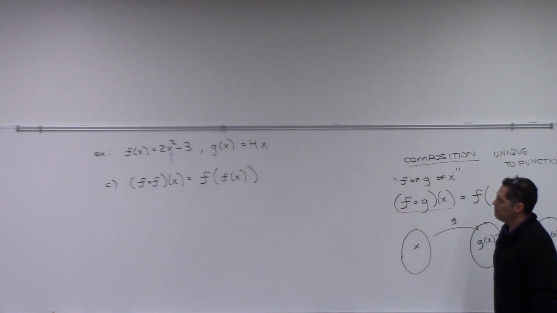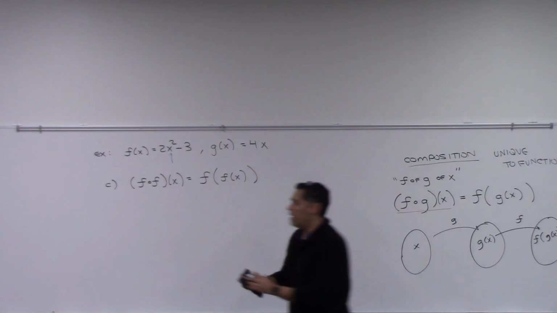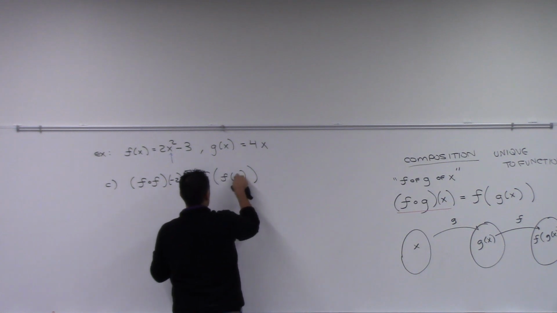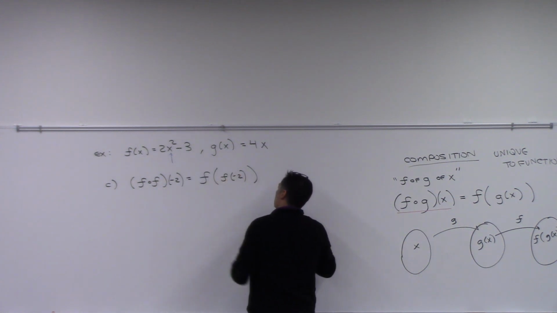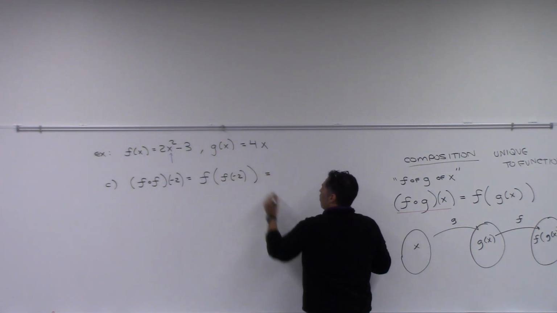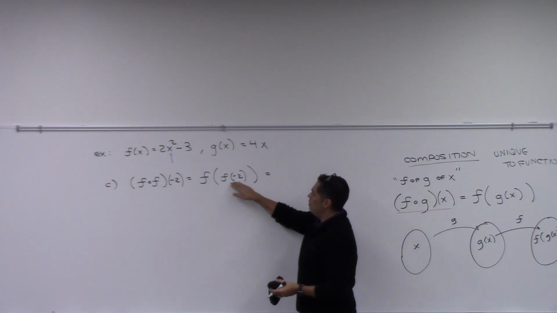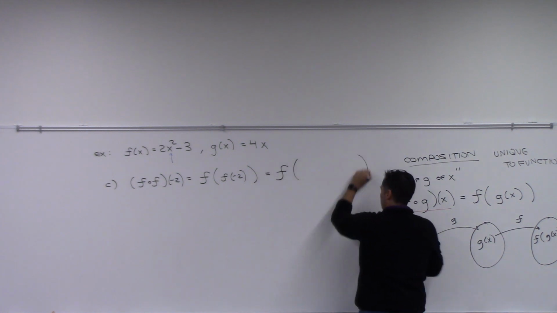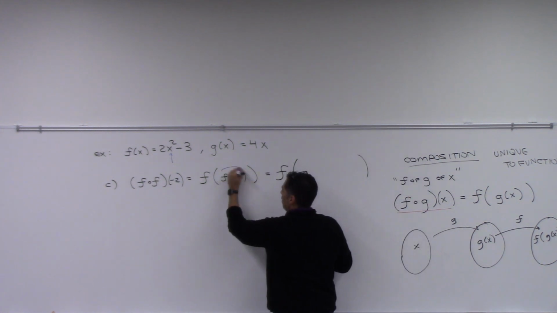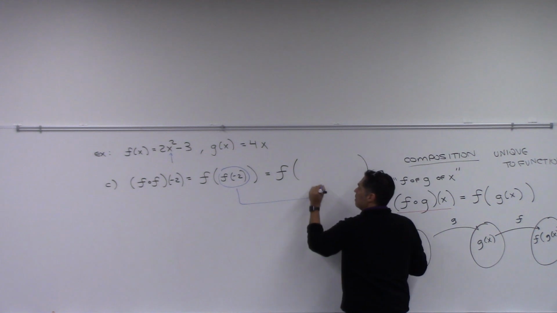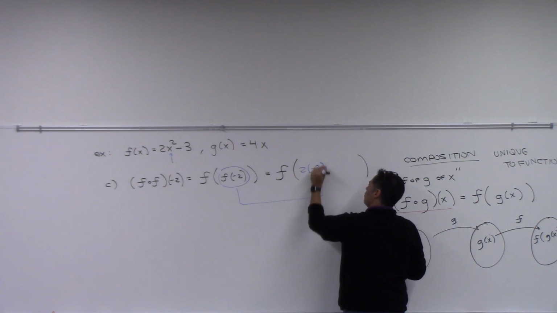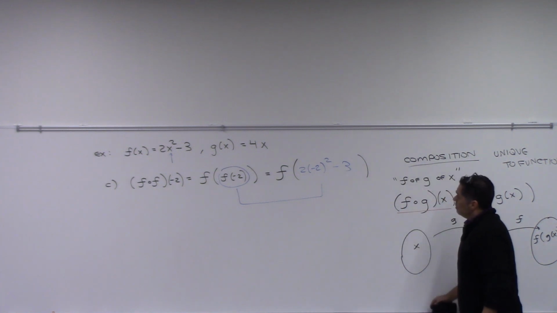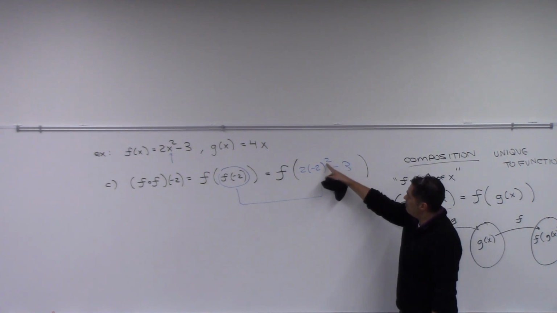Sorry, not of X. Negative 2. All right, so what happens when you plug negative 2 into that? I'm going to do F is still on the outside. What I'm doing right now is this piece right here. I'm going to actually write out what it is. That's 2 times negative 2 squared minus 3, right? That's what that is.